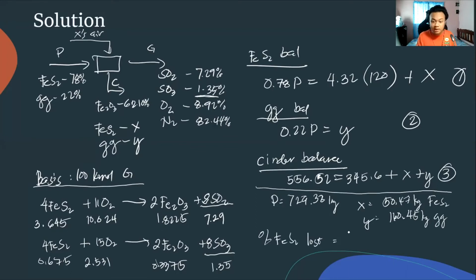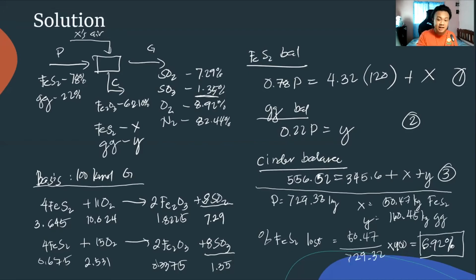So you'll get 50.47 over 729.32 times 100. Then you can get 6.92%. Okay, so it's really simple, but the analysis takes a lot of energy for you to analyze this problem, but it's really easy. I just have to have critical thinking skills.